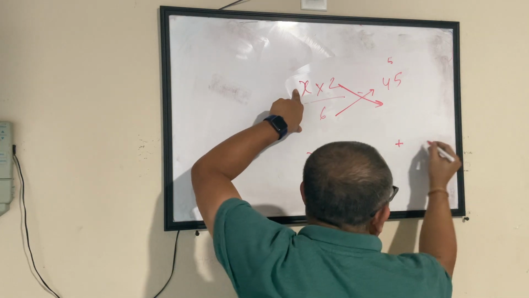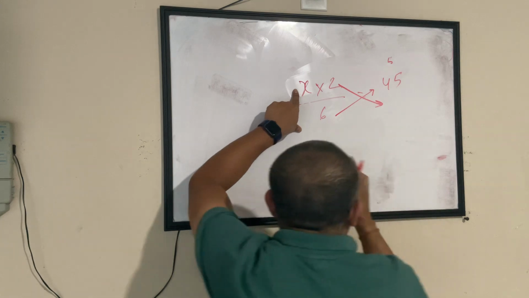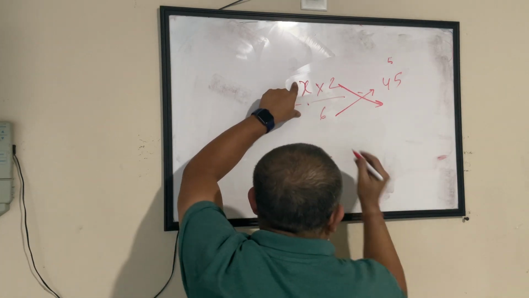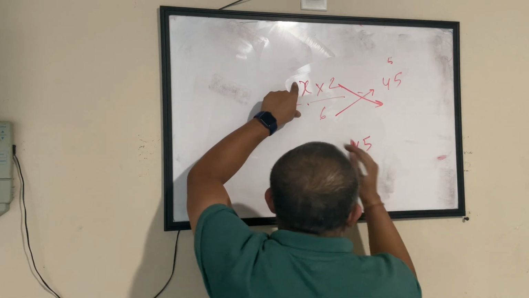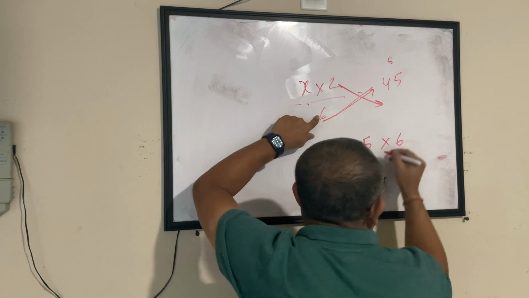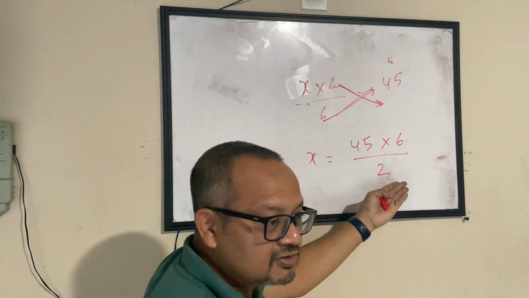Otherwise you will say plus becomes minus, minus becomes plus. So here, you want to knock off everything else apart from x. So you will keep x this side and move everything else. So this is here, this goes up. This is here, it comes down. Now you solve this.